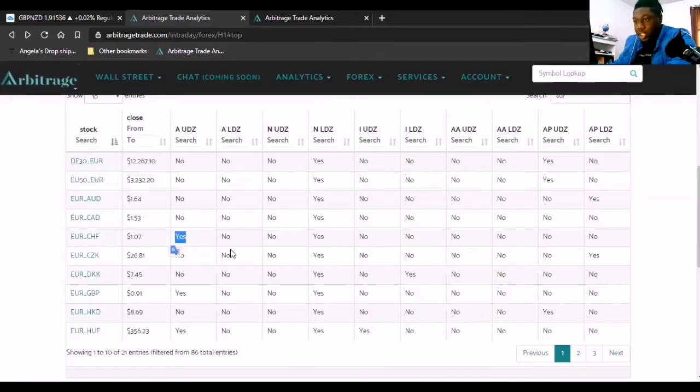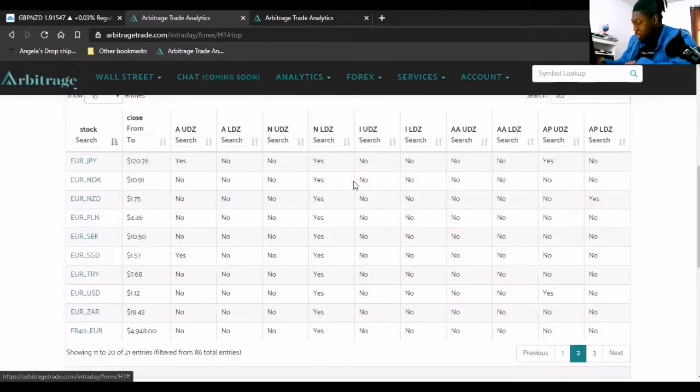That wasn't even on the list, and I don't really trade it, so I'm not going to look at it. Euro JPY isn't even on here, so I didn't even notice that. So euro JPY is confirmed. But euro NZD isn't confirmed, but we'll still take a look at it. And so that's with the euro pairs.